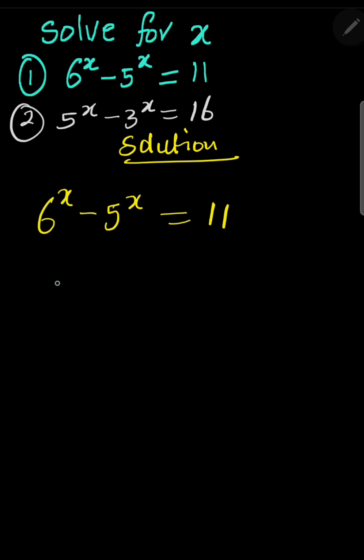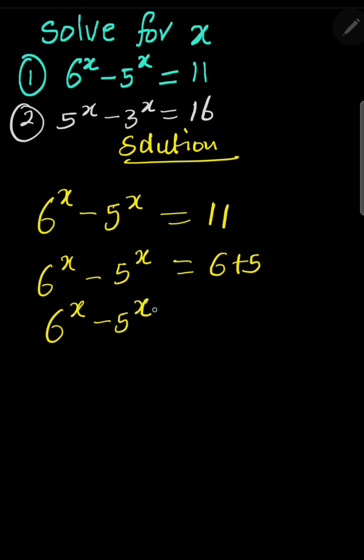So the left hand side will still remain the same as 6 raised to the power of x minus 5 raised to the power of x will be equal to 11, which can also be written as 6 plus 5. So the next thing we're going to do, we're going to still repeat 6 raised to the power of x minus 5 raised to the power of x, which is going to be equal to, here we have 6 plus 5, which is the same as 11, right?